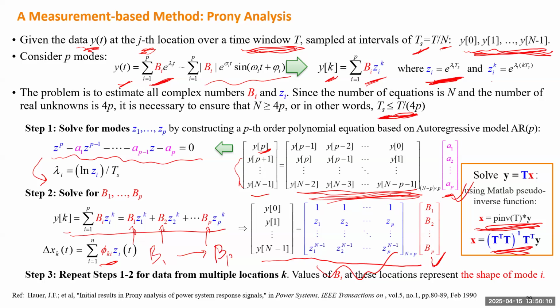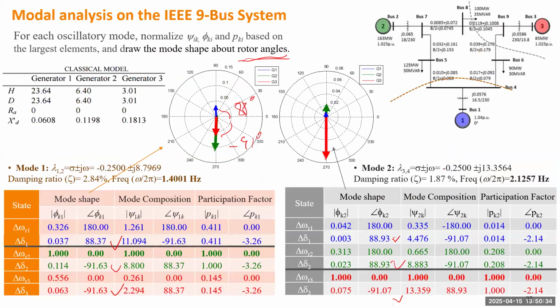This is for the second location. Third location, keep doing that, and you compare all the first B1 estimated at different locations that have the mode shape. After some normalization, you pick the largest one as the basis, and the others will be divided by the largest one. You'll get the same information here by using the memory-based approach.